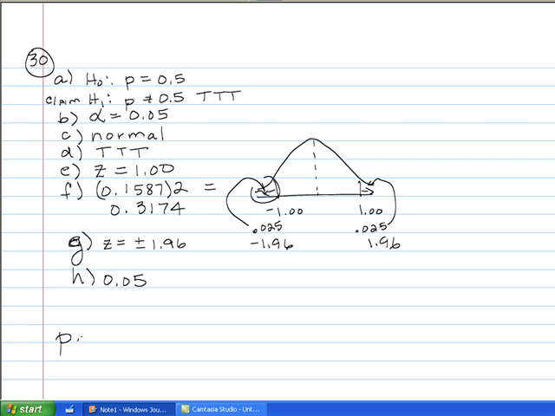So it says original claim does not include equality and you reject the null hypothesis. There is sufficient evidence to support the claim that, and then you state the original claim. Original claim does not include equality and you fail to reject the null hypothesis. There is not sufficient evidence to support the claim that, and then you state the original claim, and so forth. So that's where you can get the wording for the conclusion.